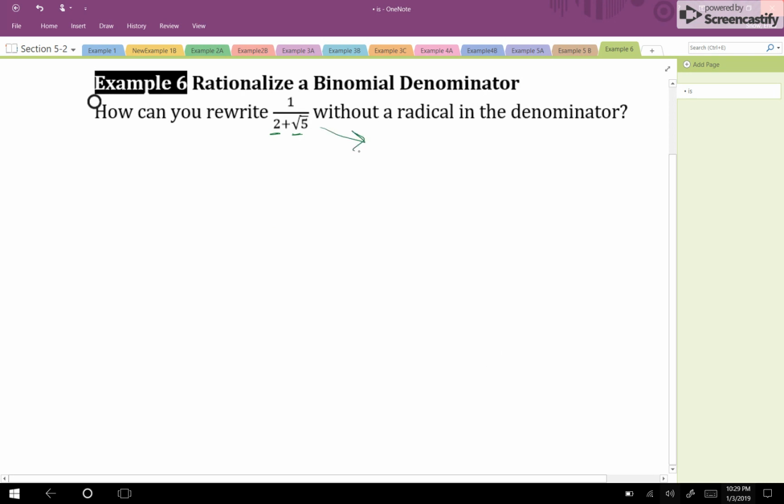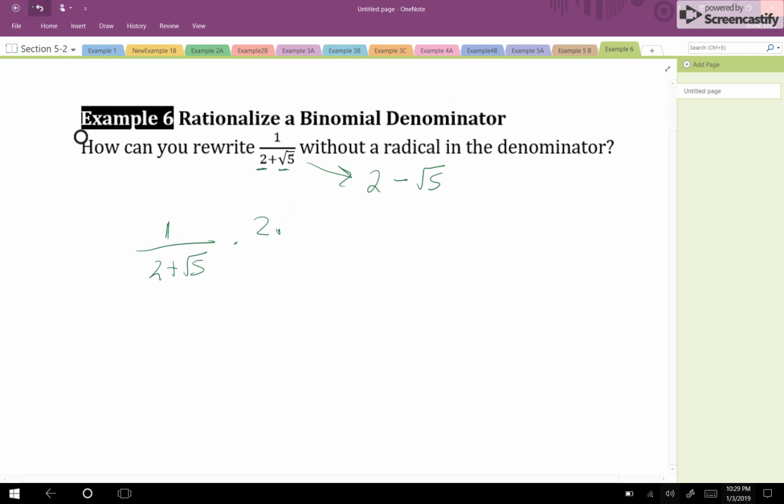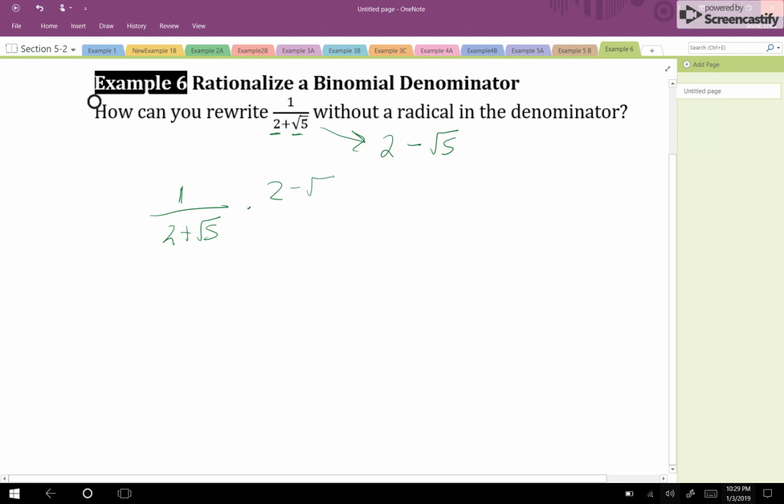So our conjugate is going to be 2 minus root 5. So we're going to have 1 over 2 plus root 5 times 2 minus root 5 over 2 minus root 5. Remember that this is just like multiplying by 1, so it doesn't change anything.